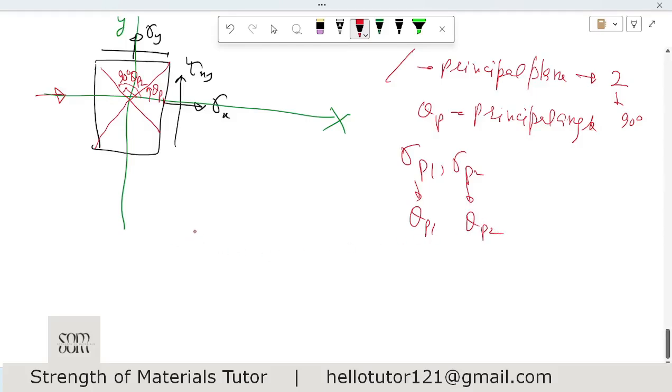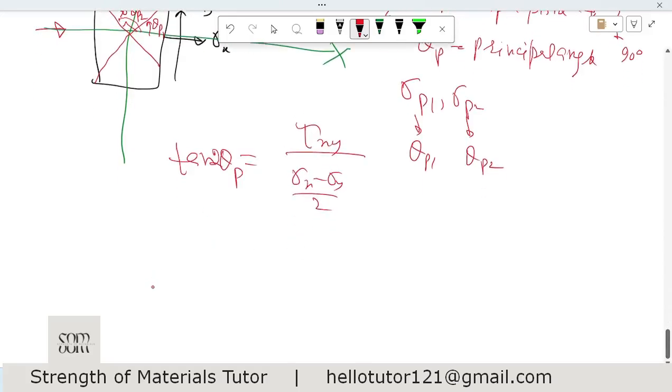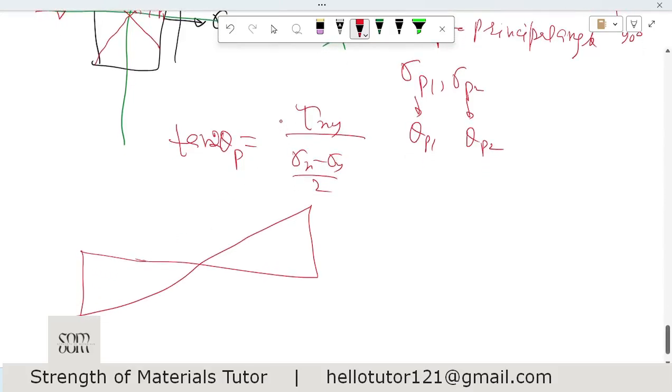And we know the value of tan 2 theta p: it is tau xy divided by (sigma x minus sigma y) divided by 2. Using triangles, we can also write it as negative, because negative and negative is again positive, so it is one and the same thing. We can show this relation like this.